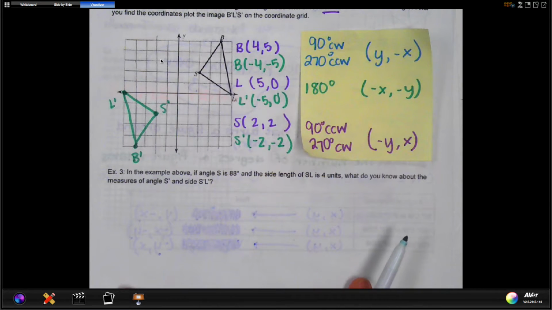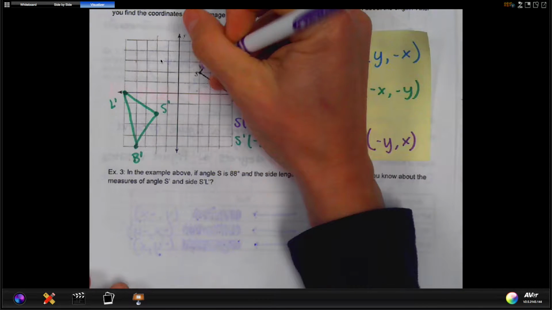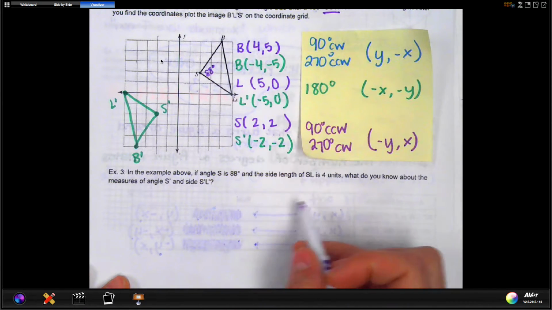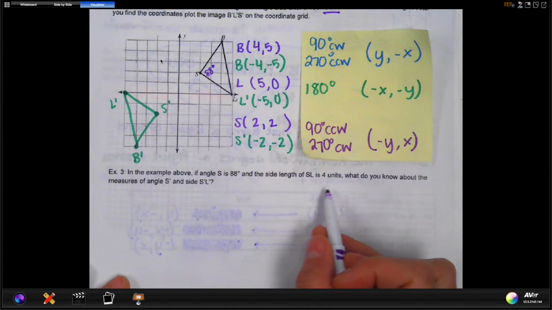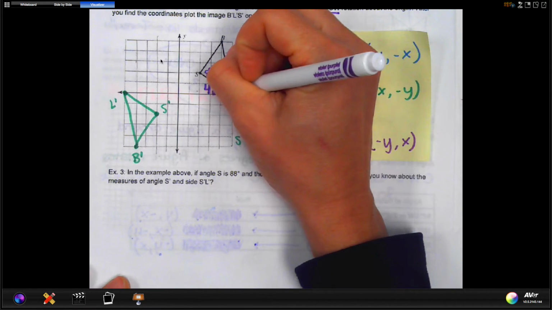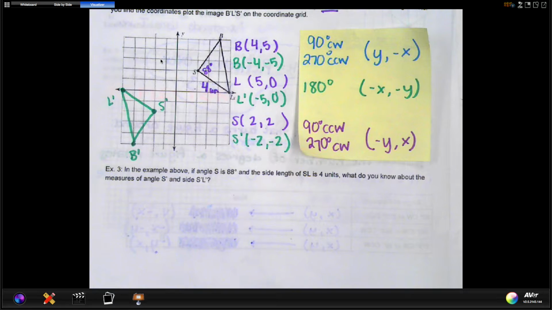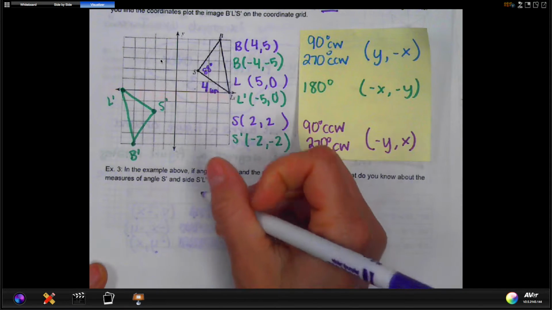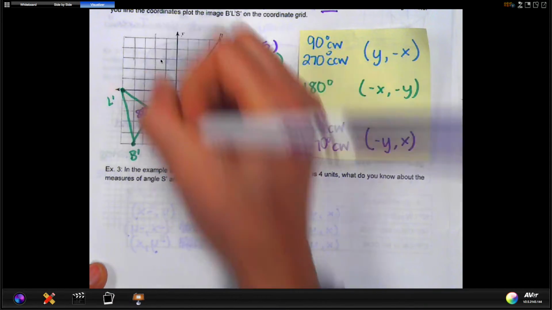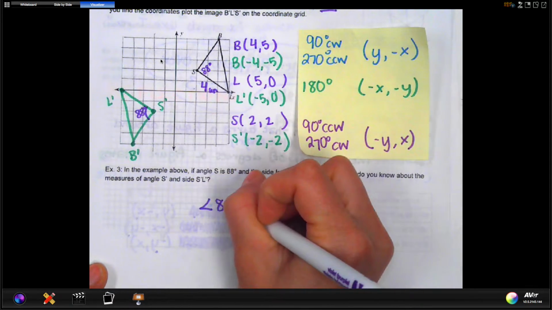In example 3, just a quick note here. It's saying in this example above, if angle S was 88 degrees, so this angle right here is 88 degrees, and side length SL is 4 units, so S to L is 4, what do you know about the measures of angle S prime and side S prime L prime? Right here, we know this would also be 88 degrees.